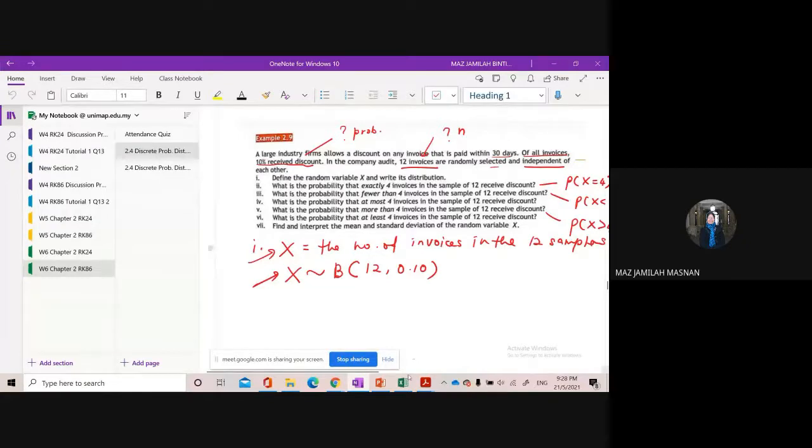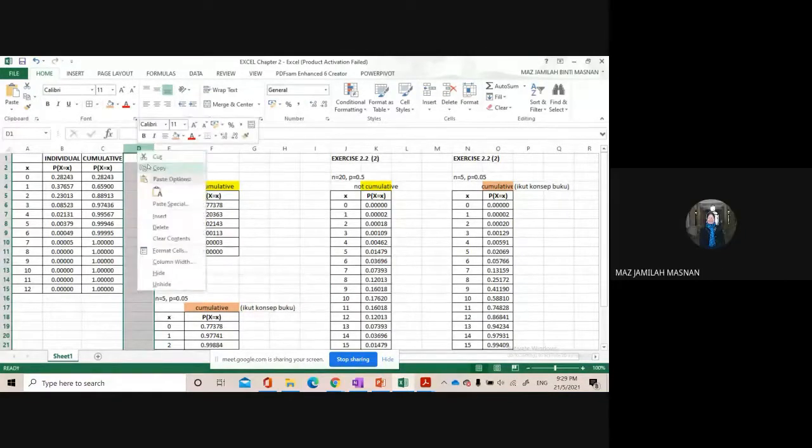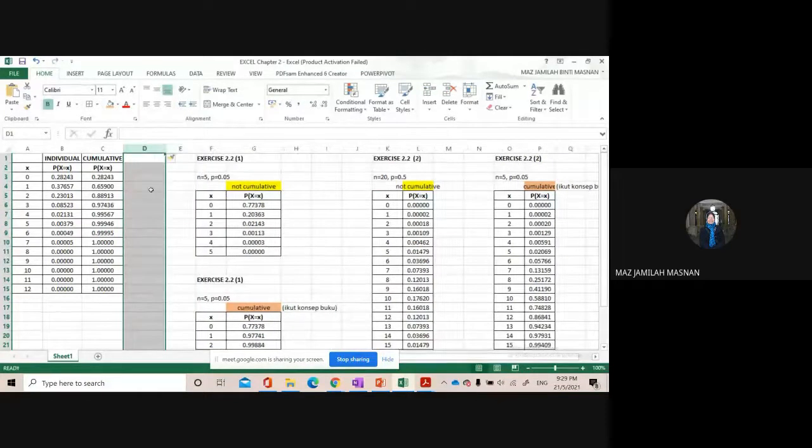Okay, so if you look at my Excel now, can you see my Excel? Yes. Okay, thank you. Now for example 2.9, I believe this is the table that I'm referring to.